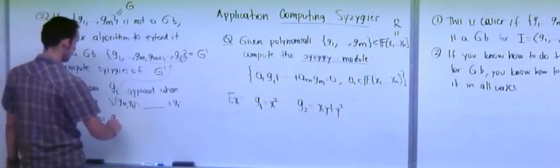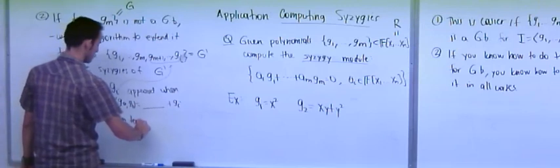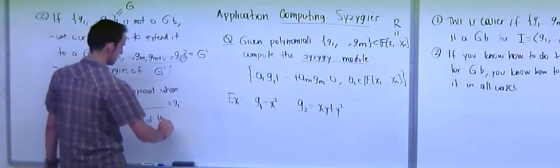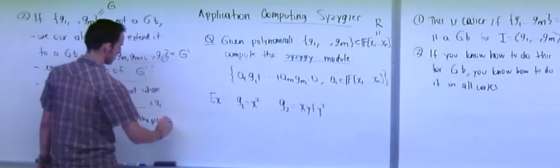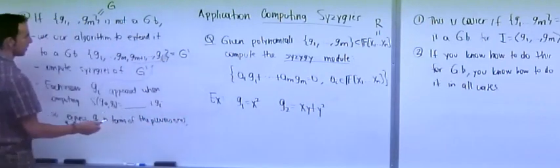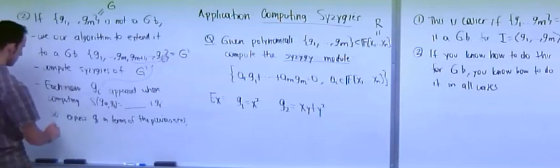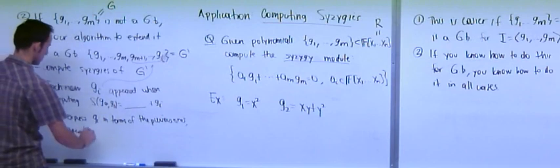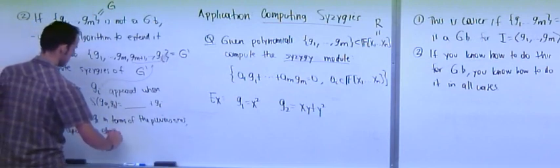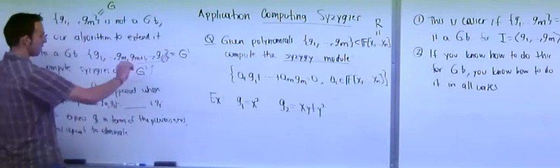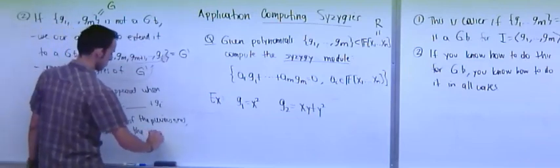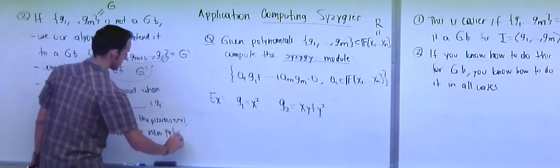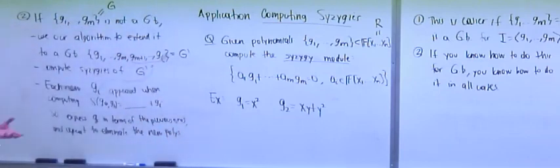So express GI in terms of the previous ones. And that way you just eliminate the new variables. So you repeat this until you eliminate the new polynomials. Okay. So this is how you can do this in practice, and it's actually pretty practical. You can do it. It works. Okay.